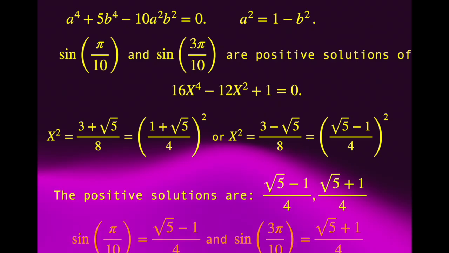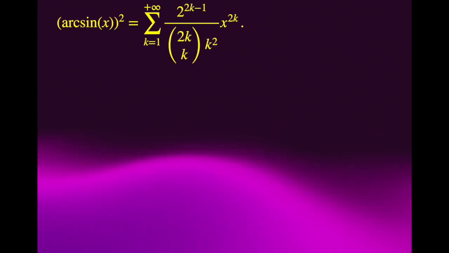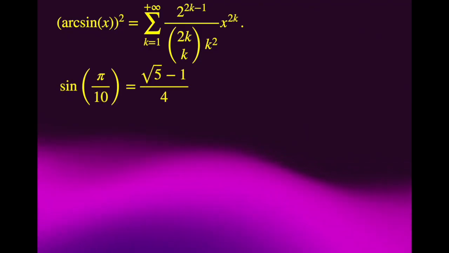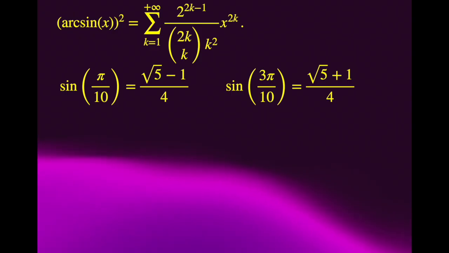Now we can move on and prove the last formula, namely the formula linking pi squared and the Fibonacci sequence. The power series expansion of arcsin x squared is given by this formula. We have computed sine pi over 10 and sine 3 pi over 10.